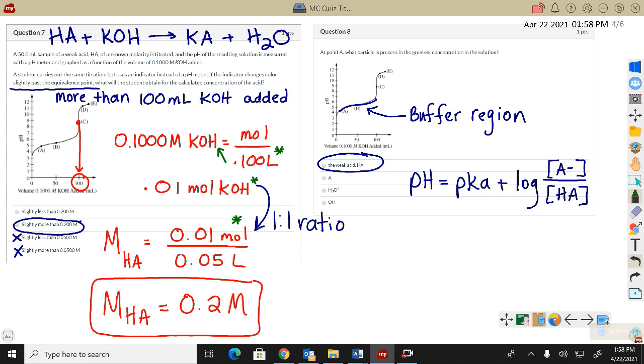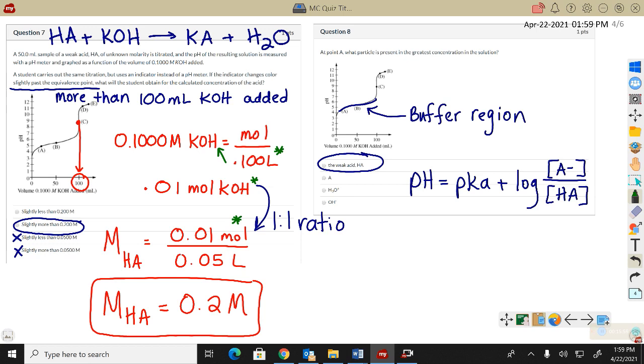Point A then, in question 8, it says, what particle is present in the greatest concentration in this region? Okay, so point A, point B, anywhere in that relatively flat buffer zone is going to give me a solution that's a buffer. And if I wanted to calculate the pH, I would be using the buffer equation.